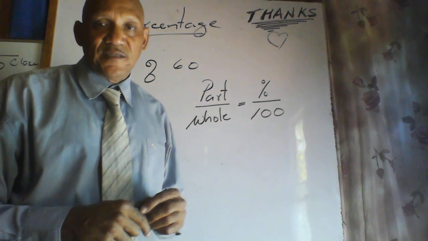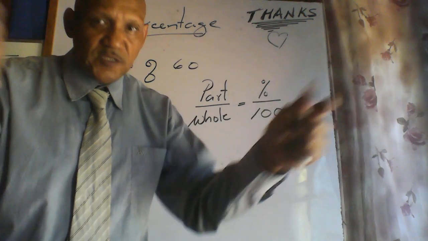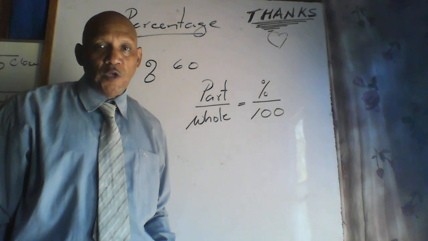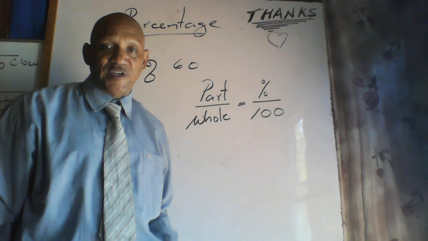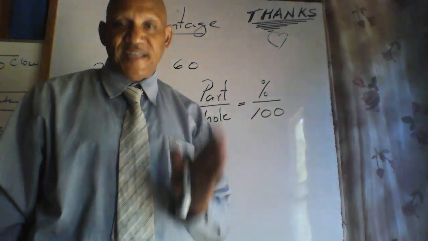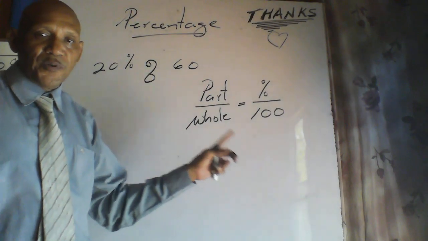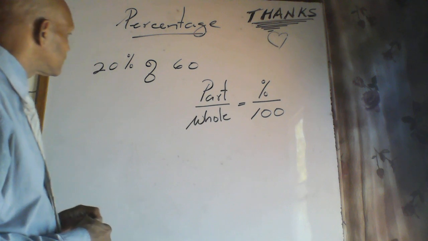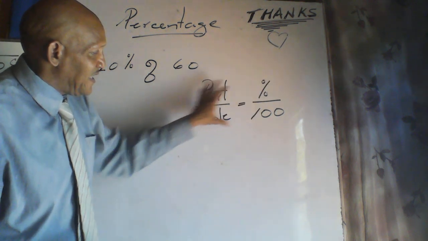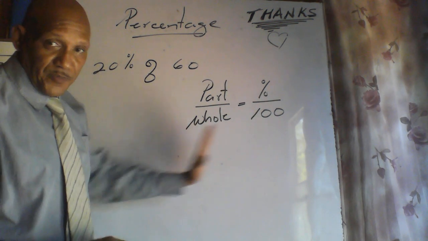You'll do it so many times until you remember the formula straight off the top of your head. Part over whole is equal to percent over 100. That is the proportional problem. That's how you set up a proportional percentage problem. So I substitute everything that they gave me into the formula, and I put my numbers where they go.